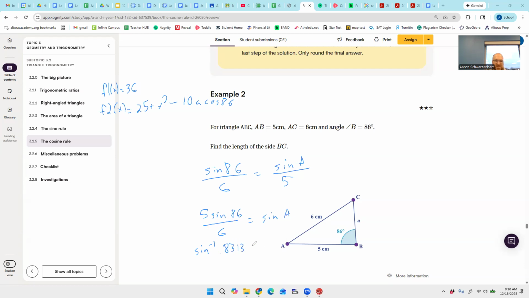Then you're going to take the inverse sine of that to get a. 56.24. So 56.2.